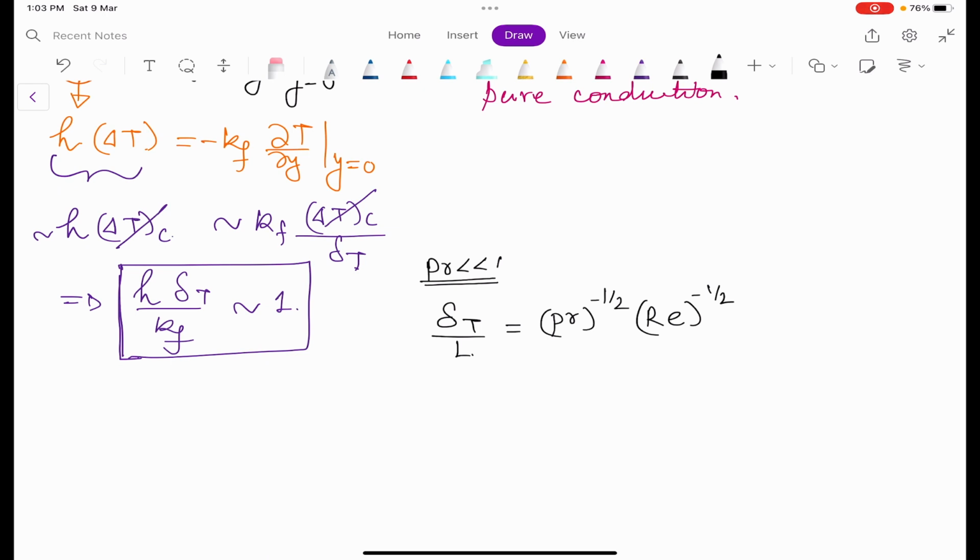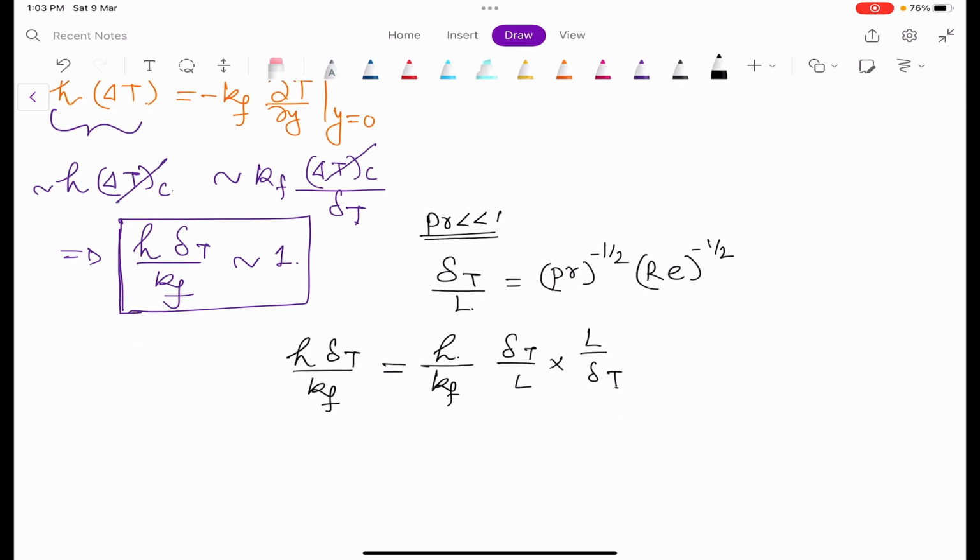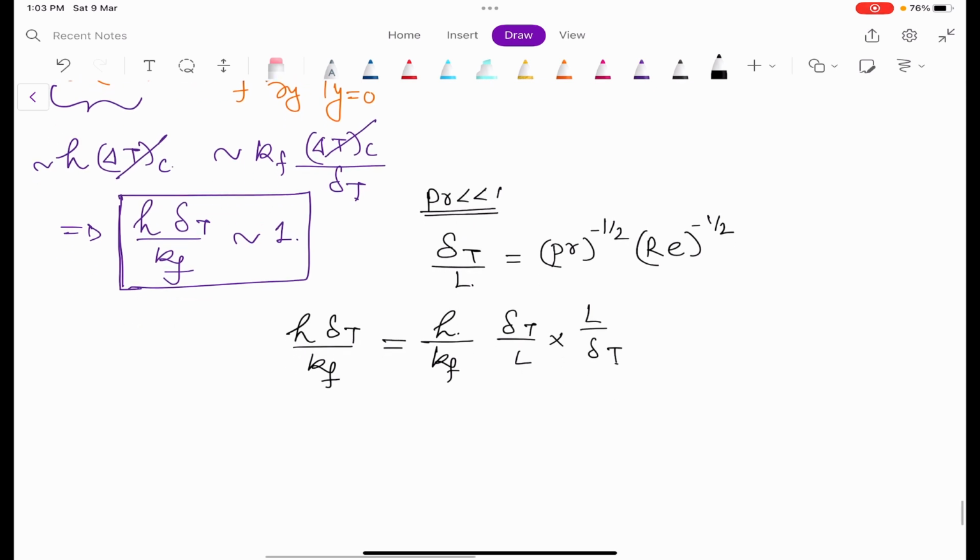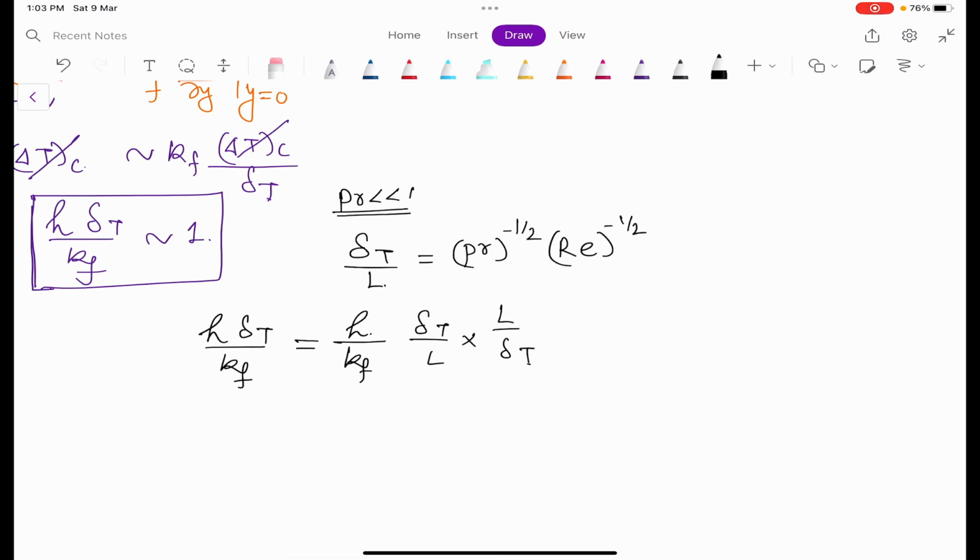So h delta t by k is h by kf delta t by L into L by delta t, and this I can write as hL by kf.